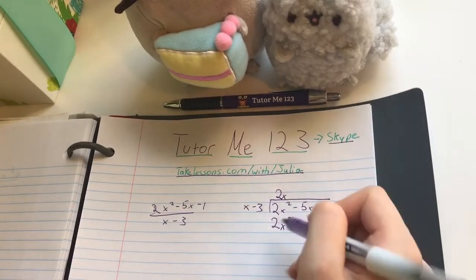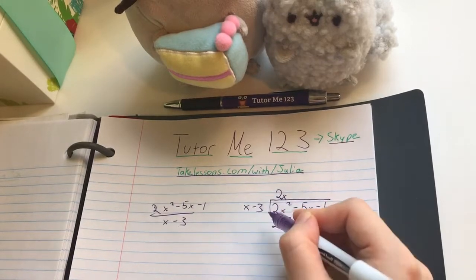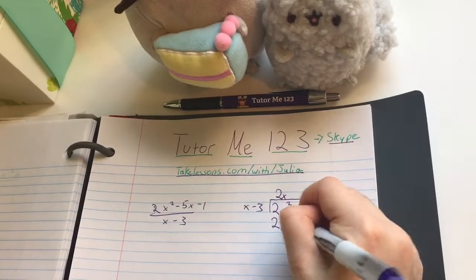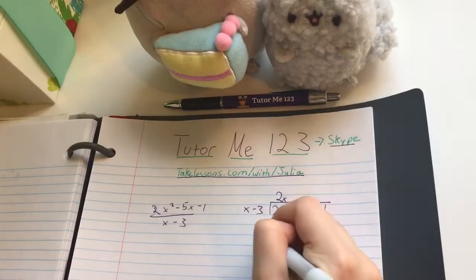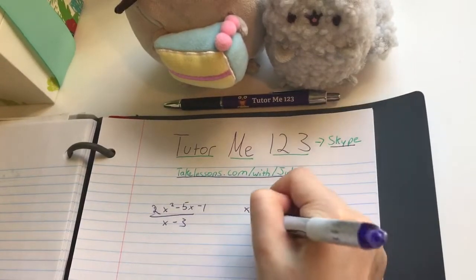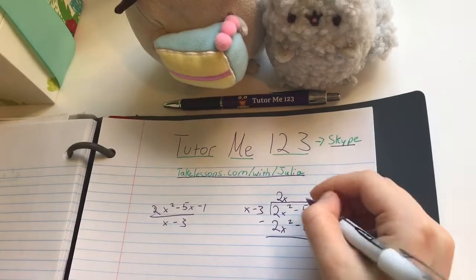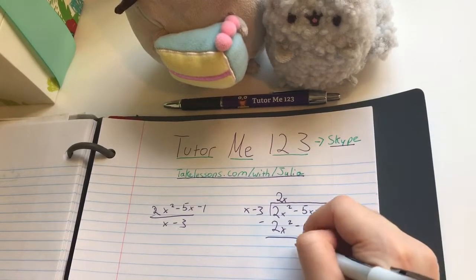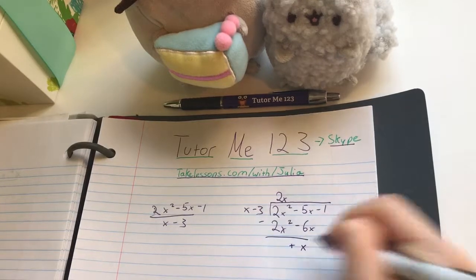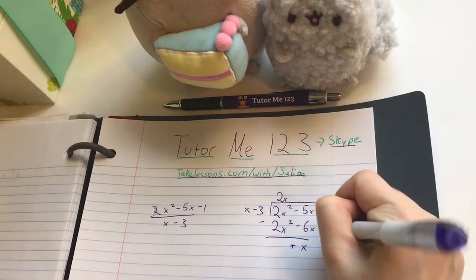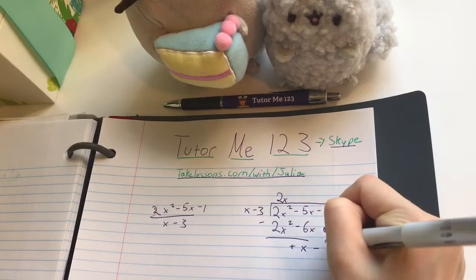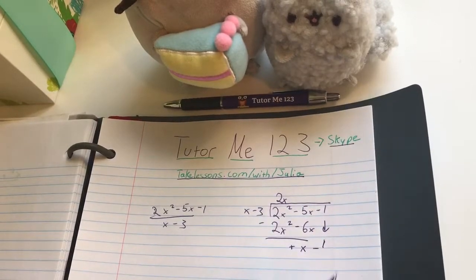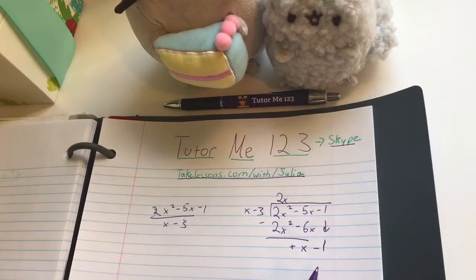Now let's see what we get here: 2x squared minus 6x. That's pretty close. All we can do now is subtract and see where that gets us. Minus 5 minus negative 6, we end up with a plus x. We bring down the negative 1. Now, where can we go from here?